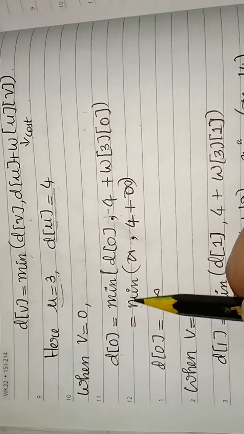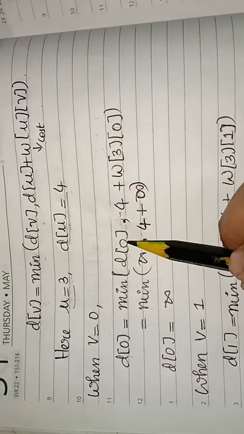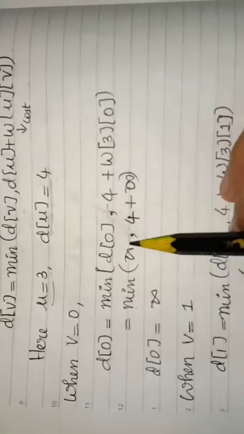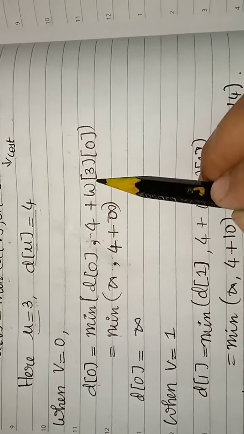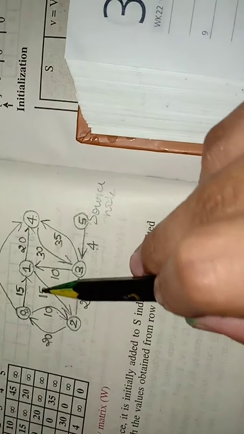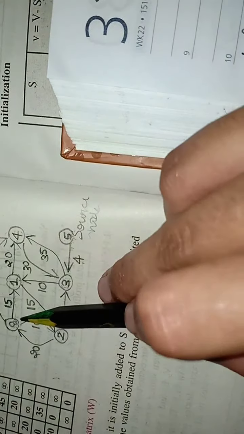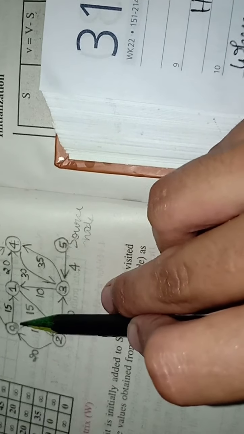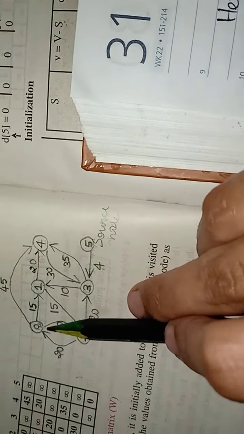Then what you get is the minimum of d of 0. So what was the value of d of 0 here? d of 0 is infinity. So infinity comma 4 plus, what is this now? Cost of 3 comma 0. You have to just see from node 3 whether you have a direct connection to 0. Okay, if there is a direct connection, then what is the cost?